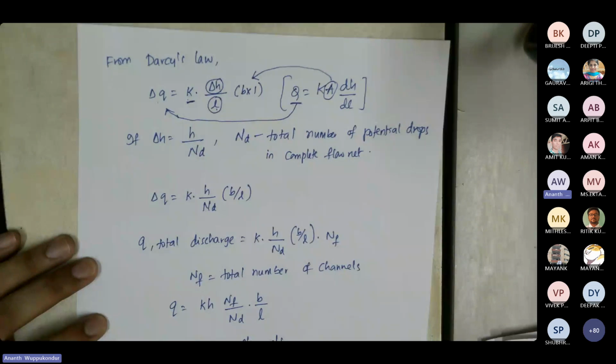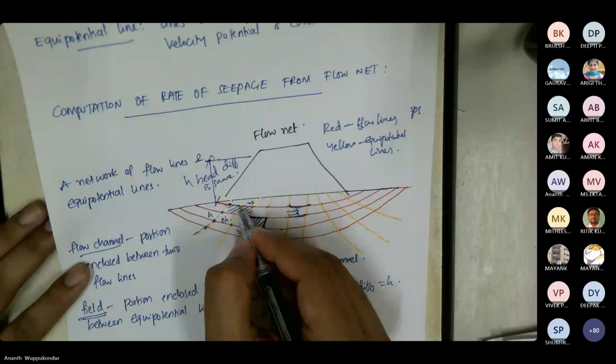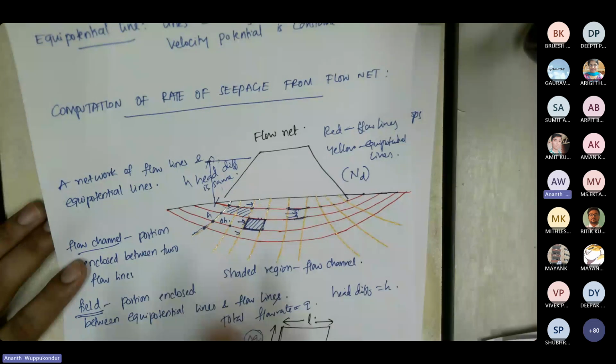Now let's say we have drawn a number of equipotential lines. The head starting from here has been dropping at every equipotential line. Let's say the total number of drops is ND. So ND is the total number of drops along the equipotential lines.